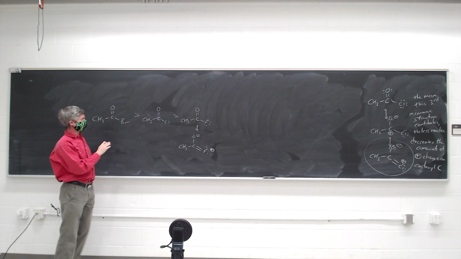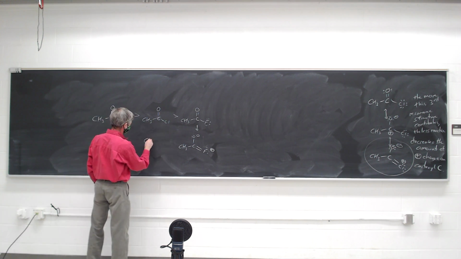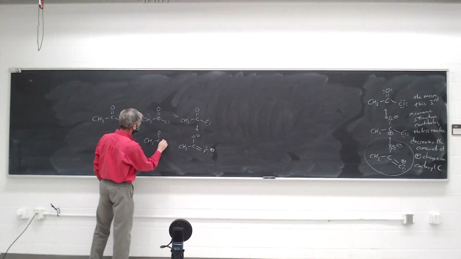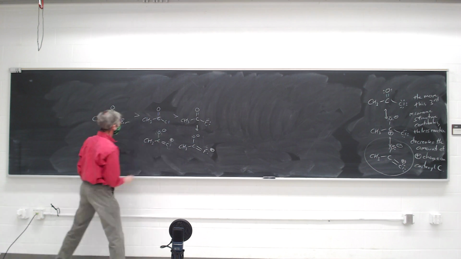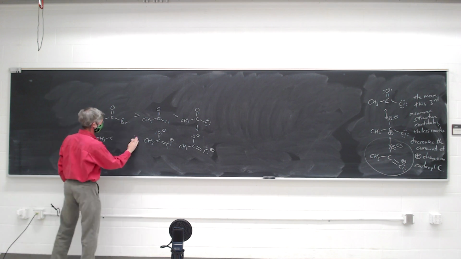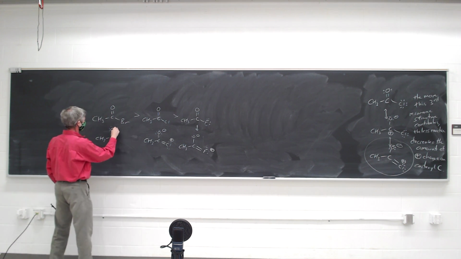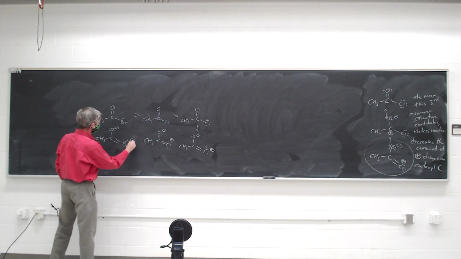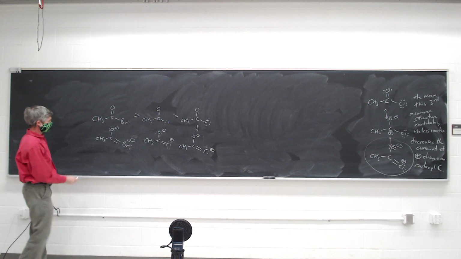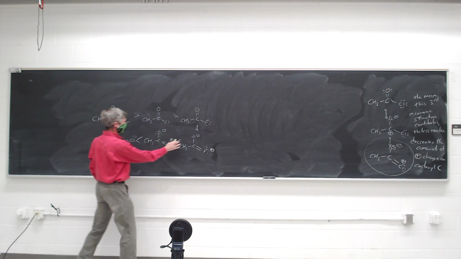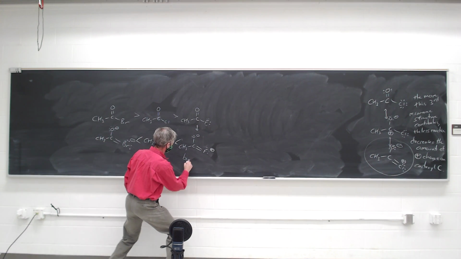this is a bigger resonance contributor than this. And that's a better resonance contributor. So if you're looking at the amount of contribution, these arrows go like that. This one makes a bigger contribution.